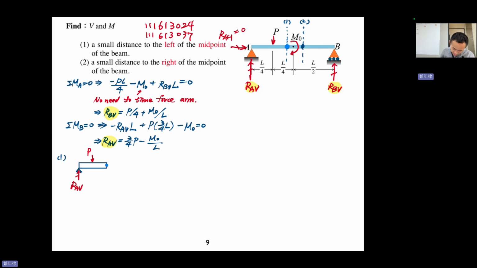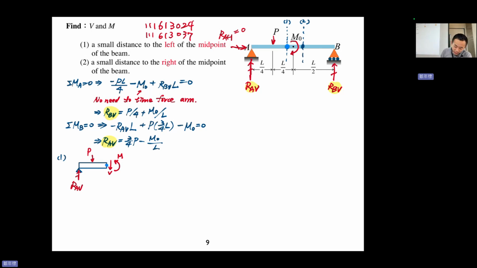Of course, after we cut it, we will assume that V downward and M upward, because they are positive.